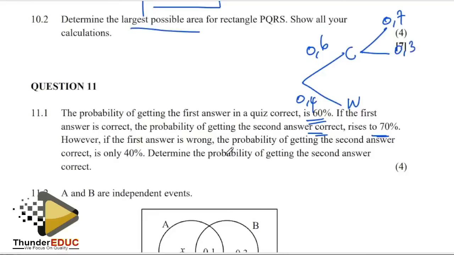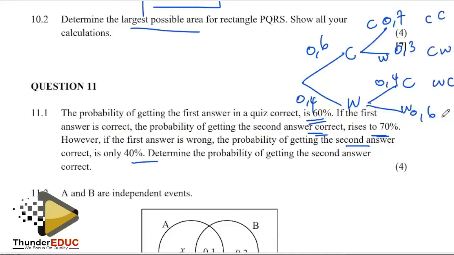But then they're telling you that if the first answer is wrong, the probability of getting the second answer correct is 0.4 or 40%. So that's 0.4, and then this is 0.6. This is correct. This is wrong. So the outcomes will be correct-correct, correct-wrong, wrong-correct, and wrong-wrong. Then they want the probability of getting the second answer correct.